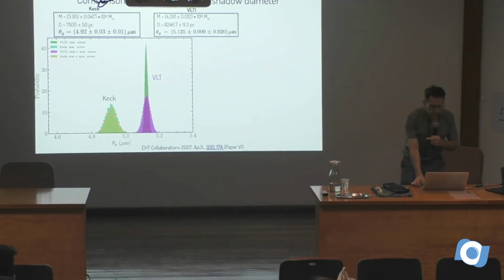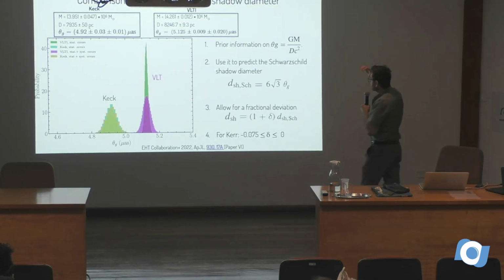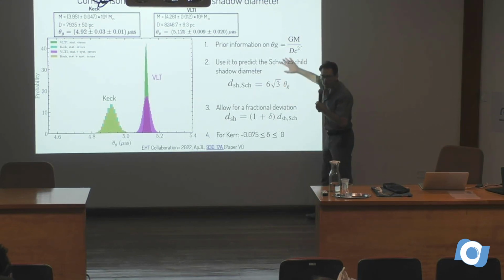But for us, it's not important in the sense that we took both of them and did the test using both priors. So that describes a little bit the GR test that we did. We use mass and distance from the optical telescopes to calculate this gravitational radius angle, whatever. It's an angle, okay?